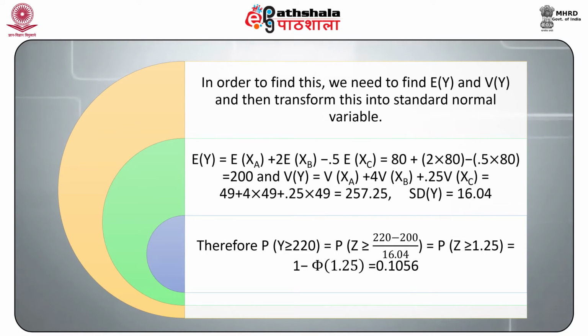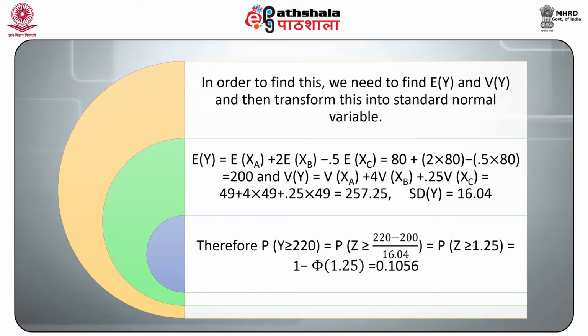And Vy is equal to Vxa plus 4Vxb plus 0.25 Vxc, which is equal to 49 plus 4 into 49 plus 0.25 into 49, which is equal to 257.25, and the standard deviation of y is equal to 16.04.